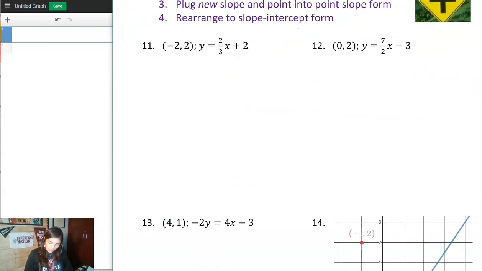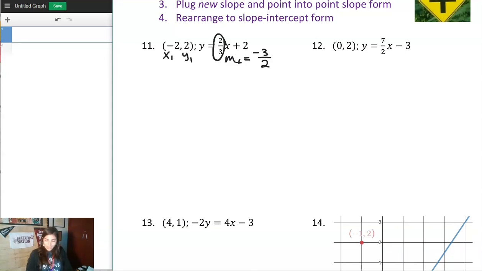In the first one, we have that the coordinates are x1 and y1, and that I have a slope originally of 2/3, but I want it to be perpendicular. So the slope that I'm going to use, the perpendicular slope, is going to be the opposite sign and the flipped fraction. I'm going to use negative 3 over 2.